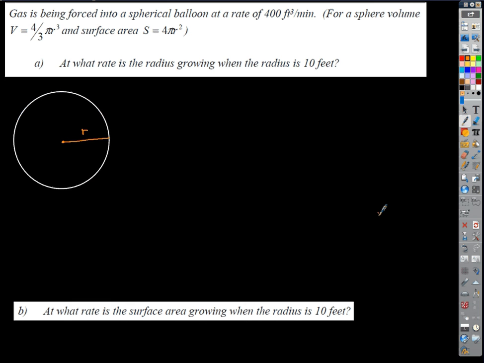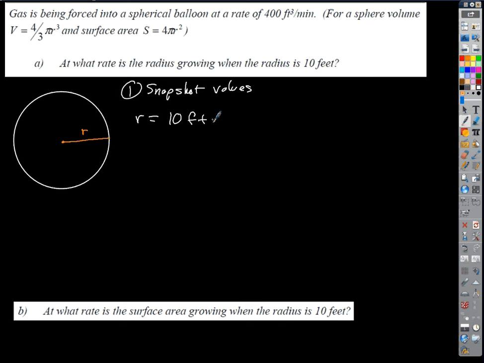So at this moment in time when the radius is 10 feet, well, let's put that, right? So this is step one. One of them is R equals 10 feet. Agreed?